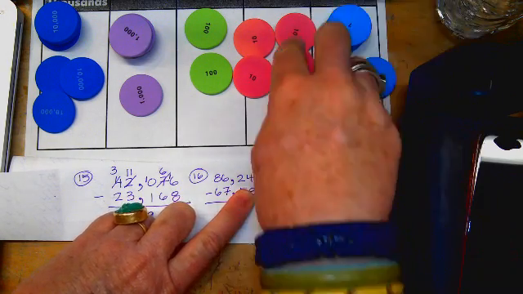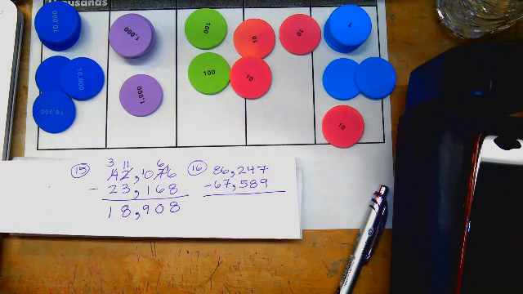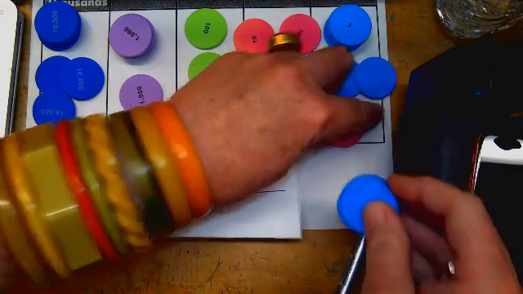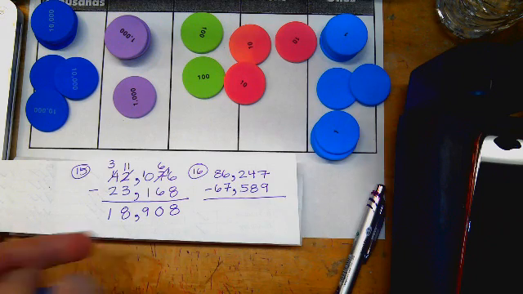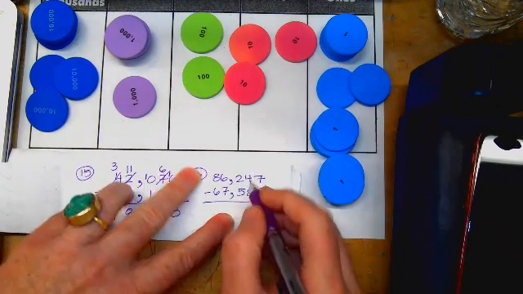Now I'm going to start subtracting. I'm supposed to take 9 away from here, but I can't because I only have 7 of these. So again, I'm going to regroup. I'm dragging a 10 over, and I'm exchanging it for 10 ones.